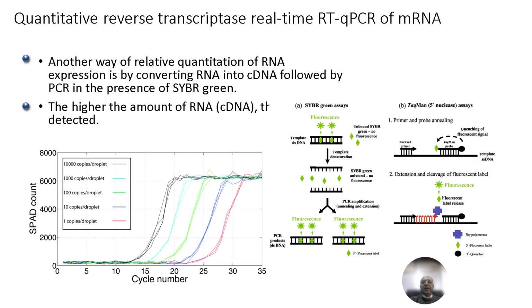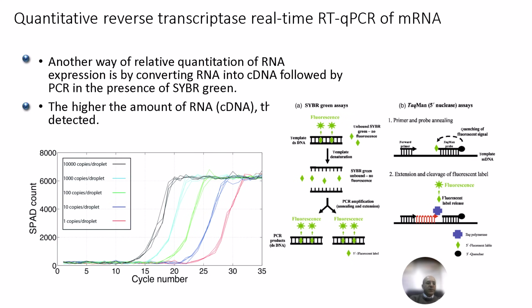Well, we can do the same exact thing on RNA, except that in order to do quantitative PCR on RNA, we first need to convert RNA to complementary DNA or cDNA. And that's exactly what we do. Okay, so we convert RNA to complementary DNA, cDNA, using reverse transcriptase. And then we do PCR.